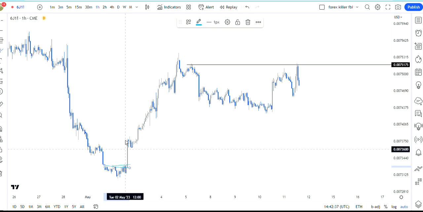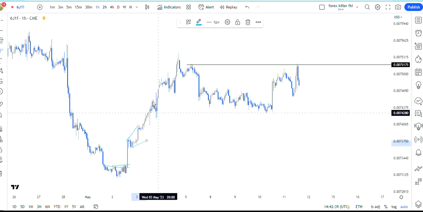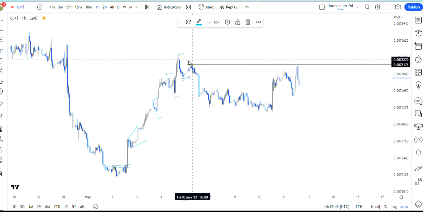Then there is a swing high, swing low, swing high, swing low, then this is a swing high and this is a swing low. Then this is not a swing high because it didn't break the previous swing high. This is what we call a failure swing.